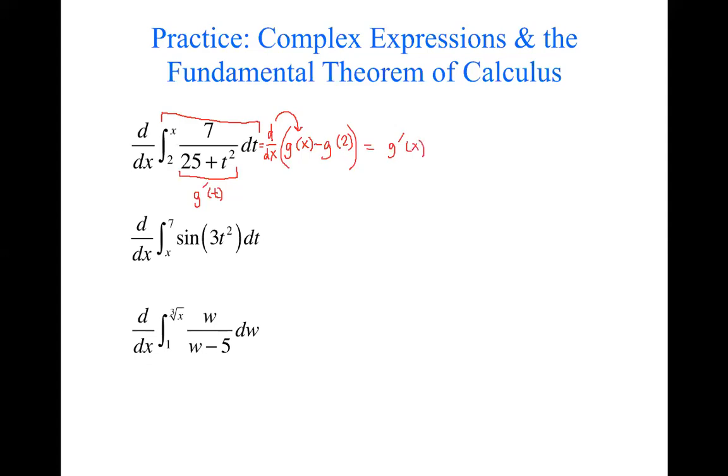And then the derivative of g of 2, which would be a number, subtracted from that would be 0. So g prime of x is all I need. And I named this inner part here g prime of t. So g prime of x would just have an x in that location. So eliminating the notation that we made up to finish this question should just be 7 over 25 plus x squared.